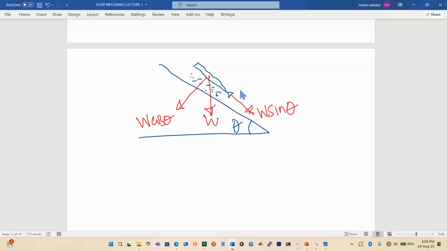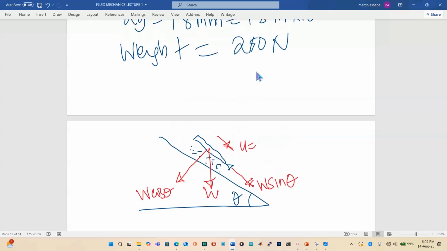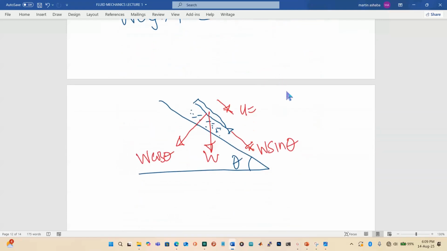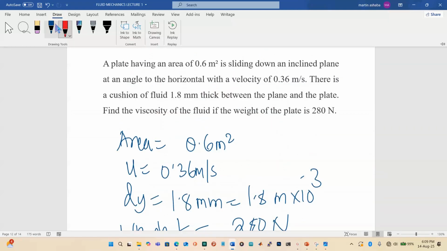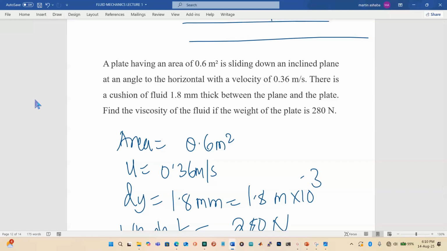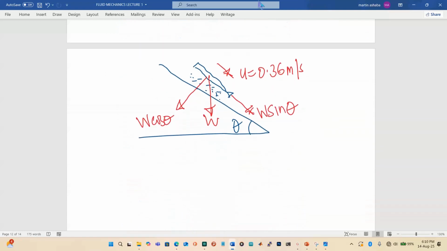Now we have the velocity. U is in that direction also, 0.36 meters per second. The angle here is supposed to be 30 degrees to the horizontal.